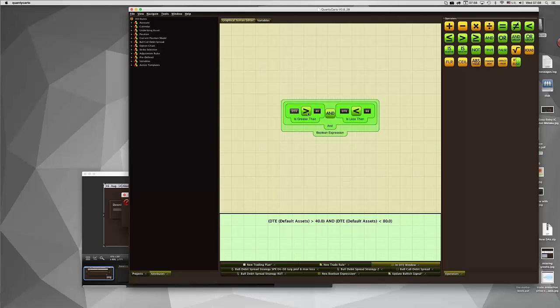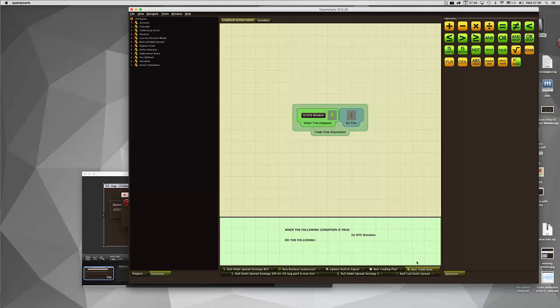It says DTE is greater than 40 and DTE is less than 80. So in my pre-entry rule, I need to give it that. Why? Because that tells me what my front expiration is. If you don't give it a DTE in the pre-entry rule, you don't know which expiration you're measuring against. Of course, if you're just doing a signal on the underlying, then DTE is irrelevant.